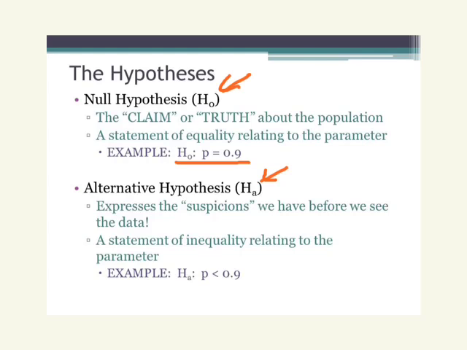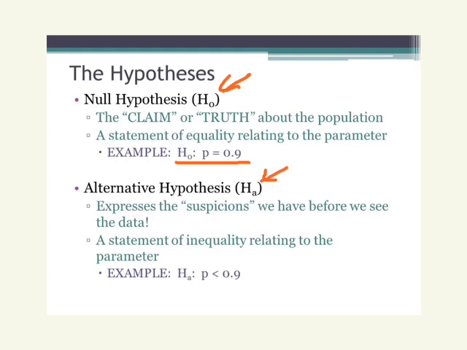Okay? So when we again use the example of me as a free throw shooter, my guess is as soon as I said I'm a 90% free throw shooter, your thoughts were, yeah, right. And it wasn't, yeah, right, you're a better free throw shooter than that. My guess is it was, yeah, right, you're worse than that.